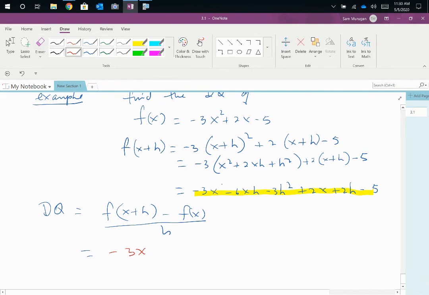This is negative 3x squared minus 6xh minus 3h squared plus 2x plus 2h minus 5, and then subtract the entire function, minus negative 3x squared plus 2x minus 5, all over h.